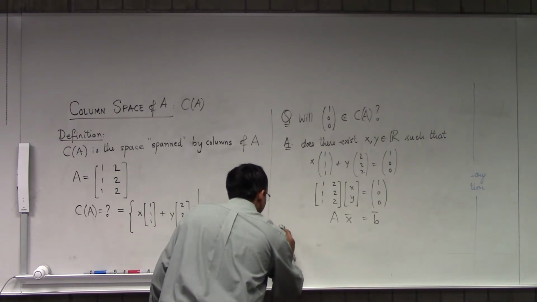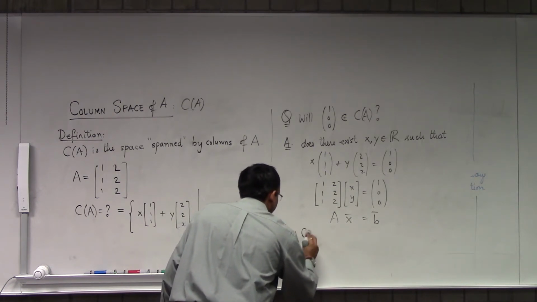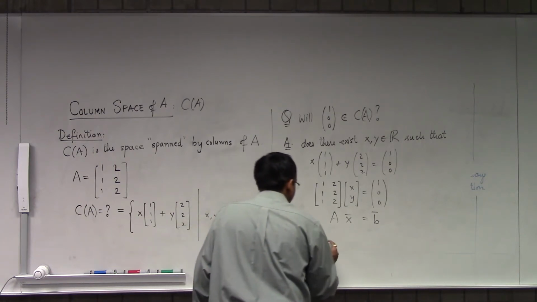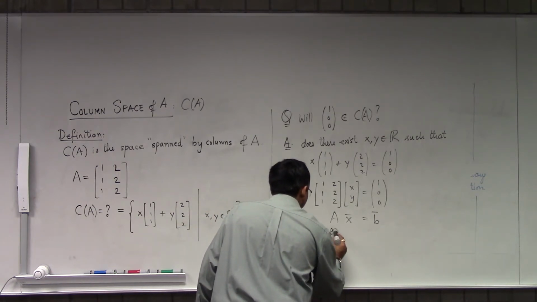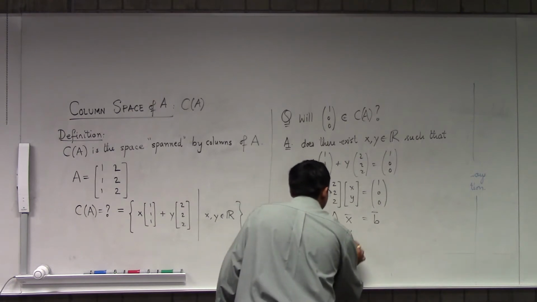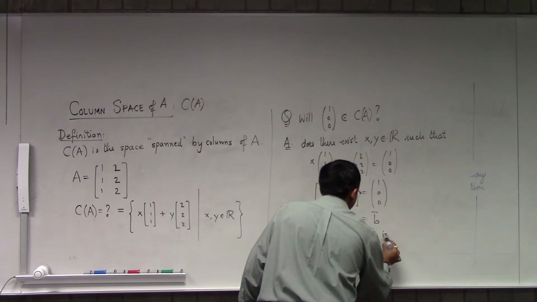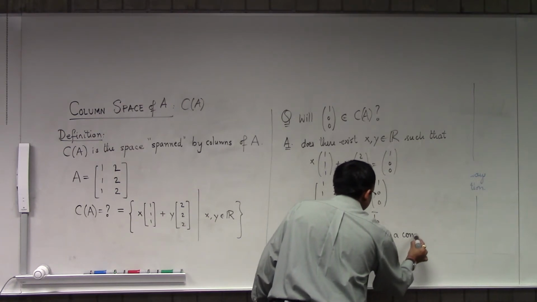We can say B belongs to the column space of A if and only if AX is equal to B is a consistent system.